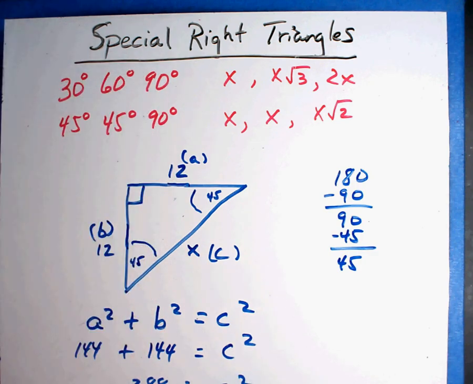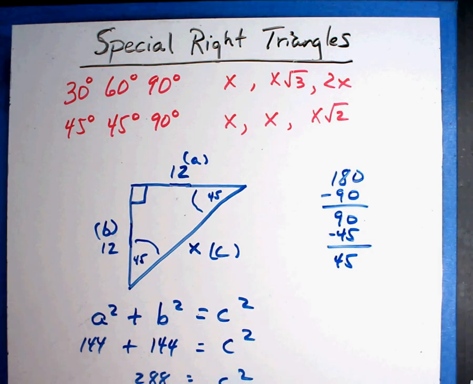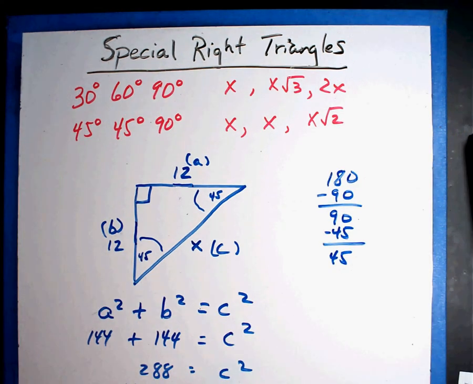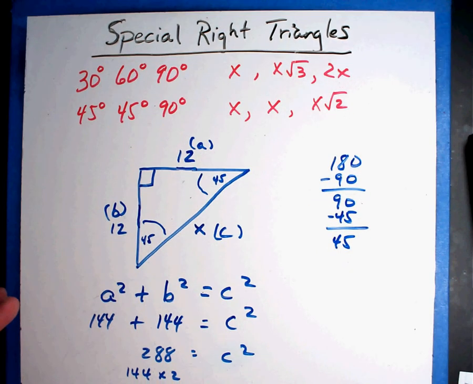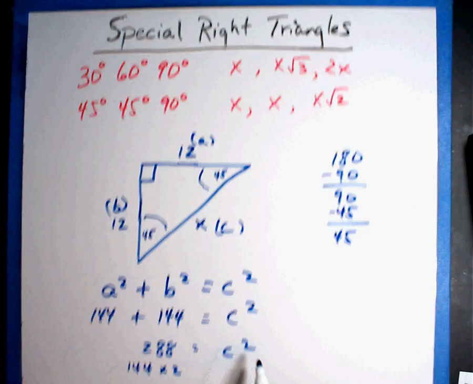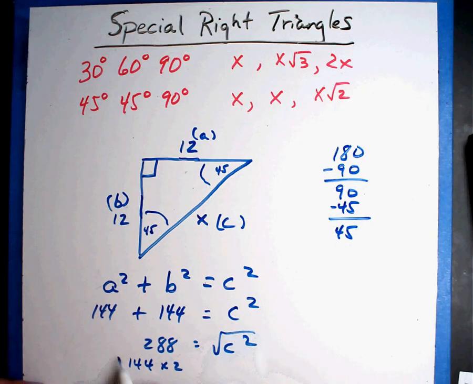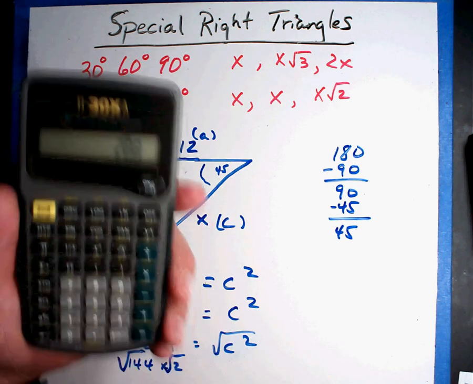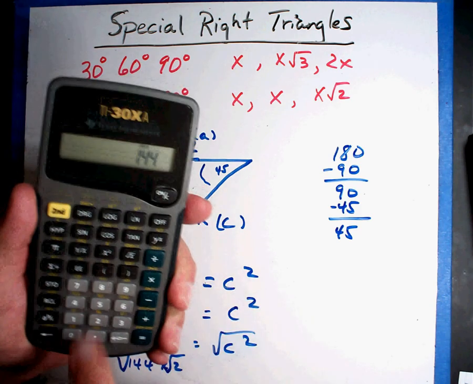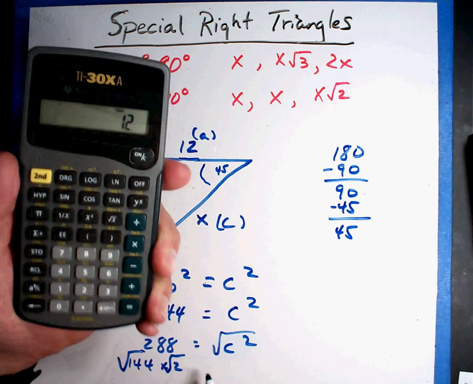Now, to make my life a little bit easier, I already know that this is the same as 144 times 2. And since it is 144 times 2, when I go to take the square root, well, the square root of 144 is 12.